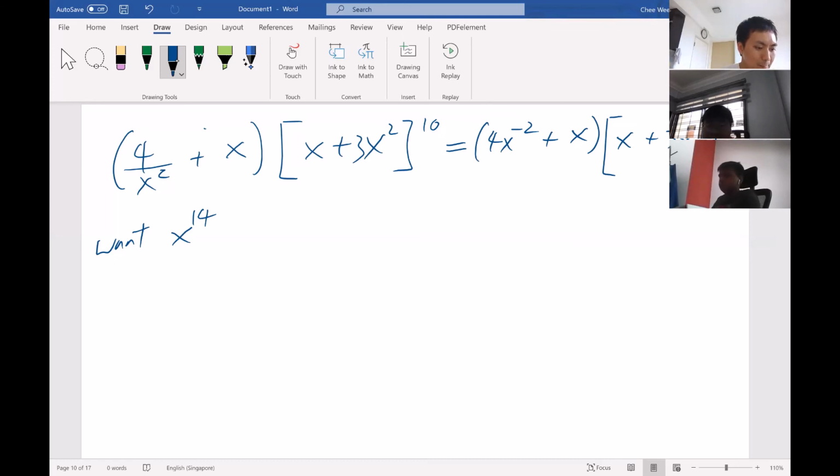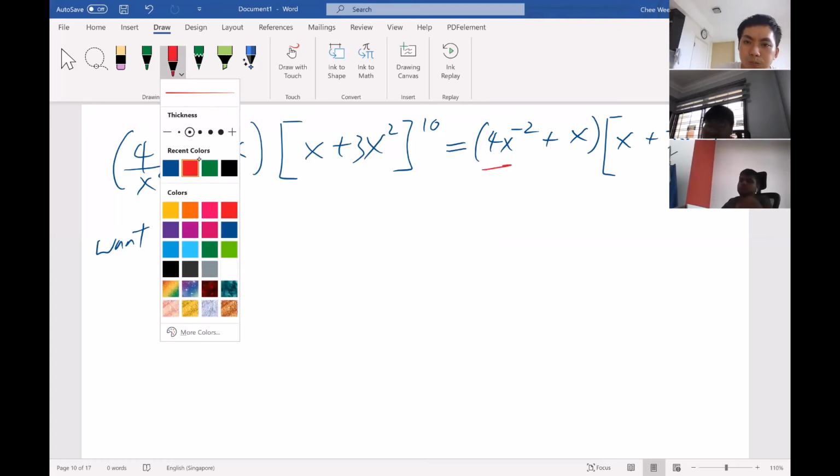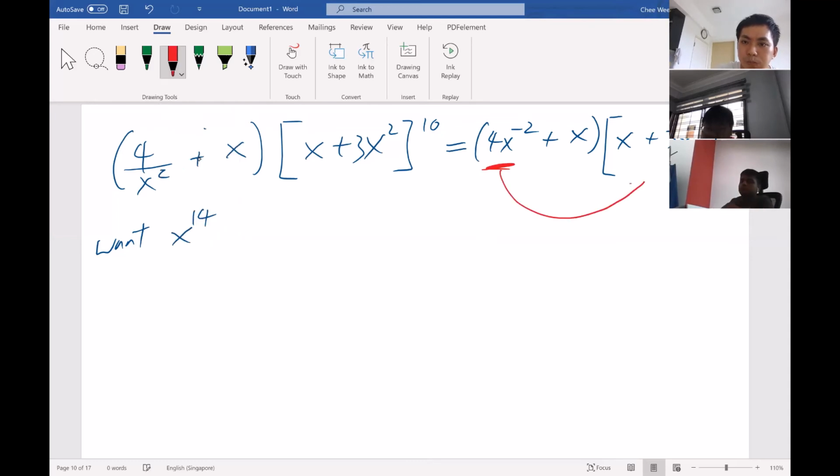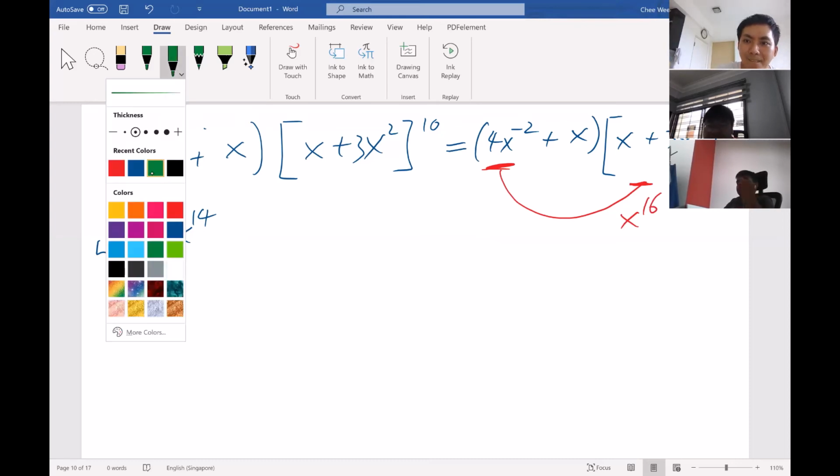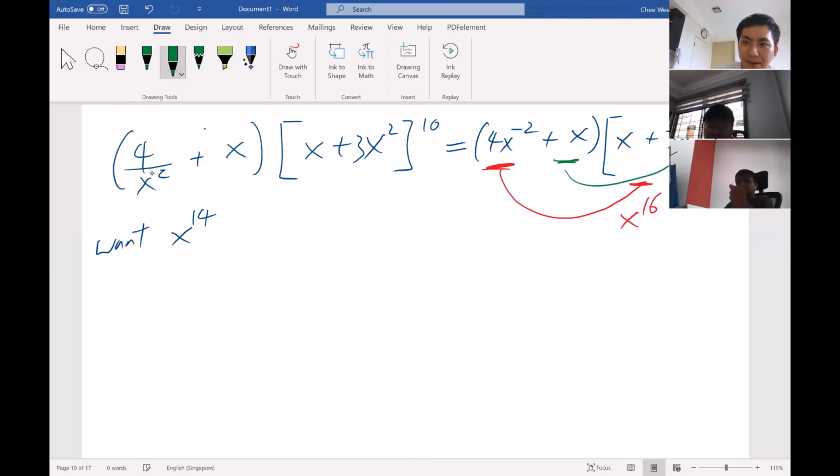And then we have to find x to the power of 14. So the 4x to the power of negative 2, you have to find x to the power of 16. And then for the x, you have to find x to the power of 13.